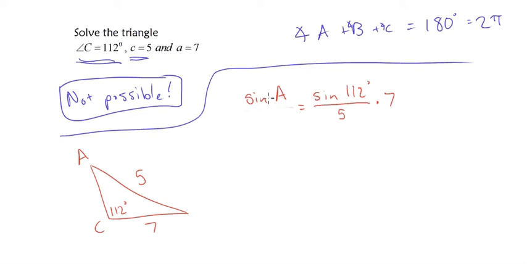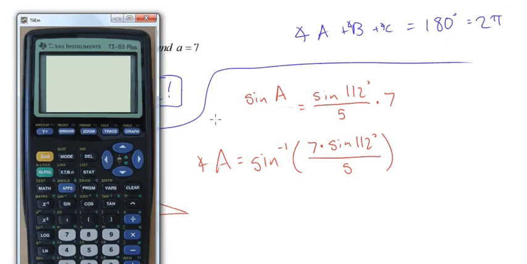Take the inverse sine, and so angle A is equal to the inverse sine of 7 times the sine of 112 degrees, divided by 5. Hit that all into our calculator.